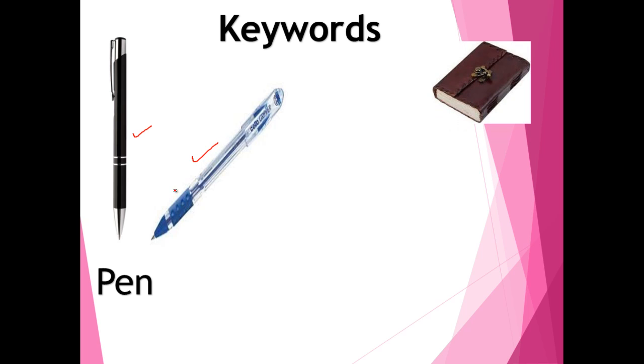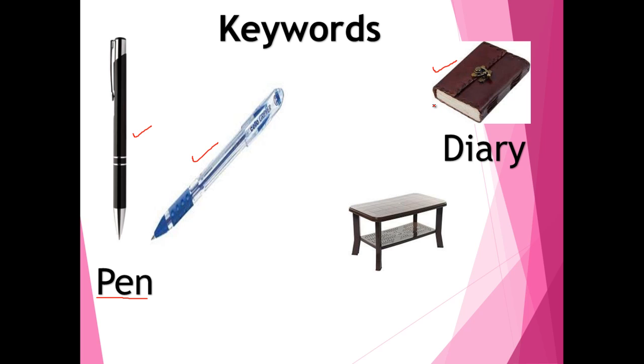I can't use the word pen to refer to this other object, because in the English language the word pen is reserved for these kinds of objects. The word reserved for this other kind of object is diary. Similarly, this type of object is represented by the word table.